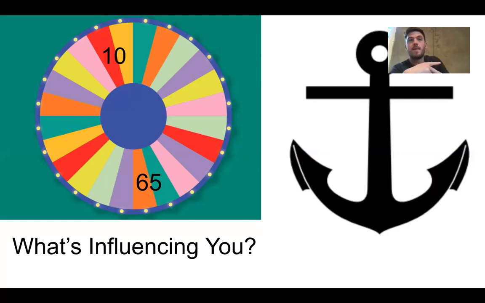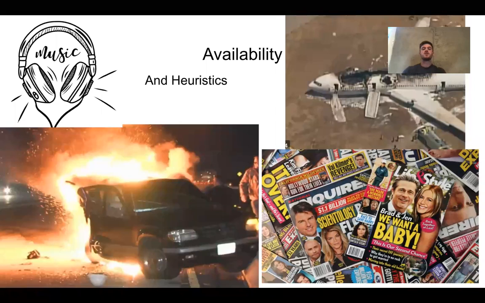I'll get into this again in the next slide: things that come easily to mind are used. If it's easily available in your memory, you're going to use it to impact your next decision, just because of the intuitive and immediate properties of thinking about an instance quickly, right?